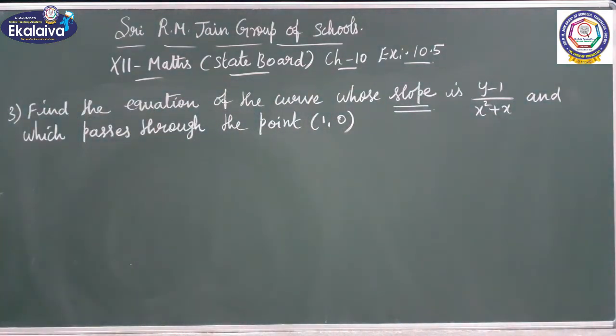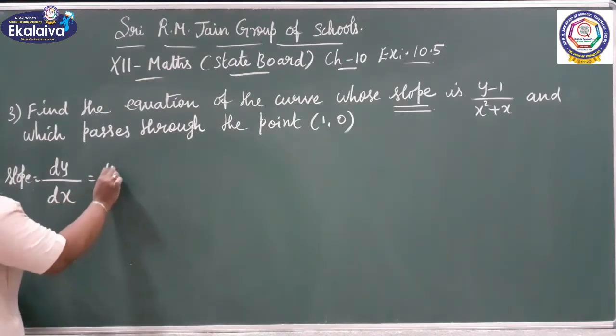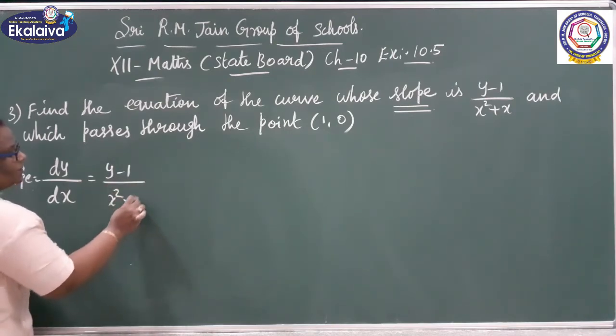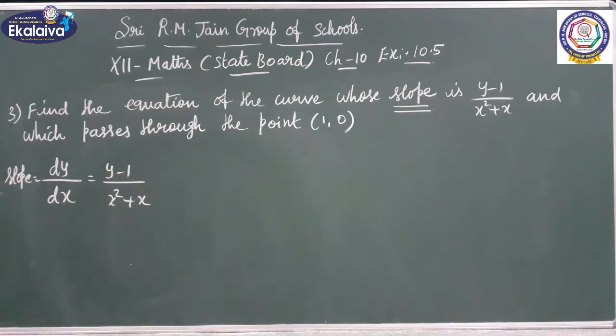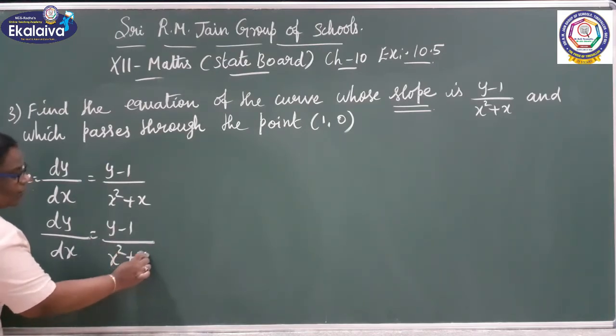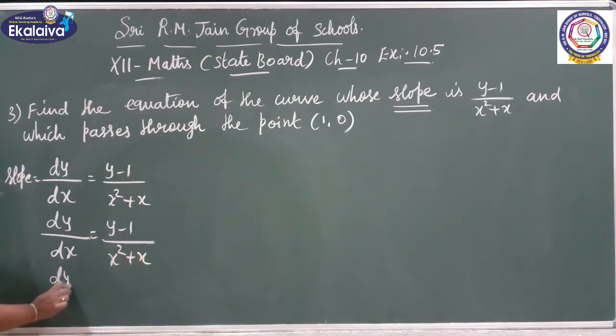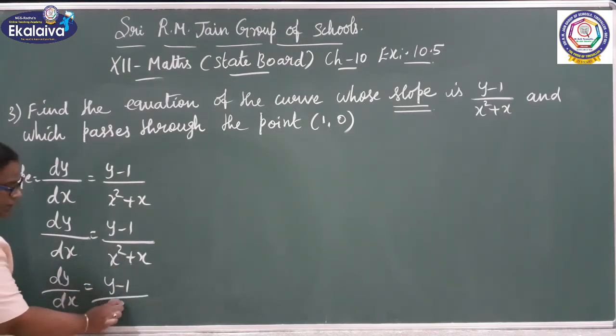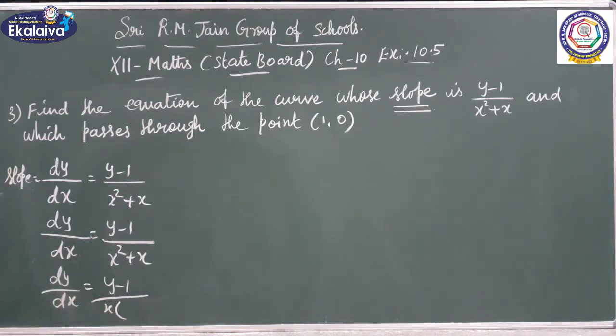So you can take the slope as dy by dx equal to (y minus 1) by (x square plus x). Take x out commonly, so dy by dx equals (y minus 1) by x into (x plus 1).